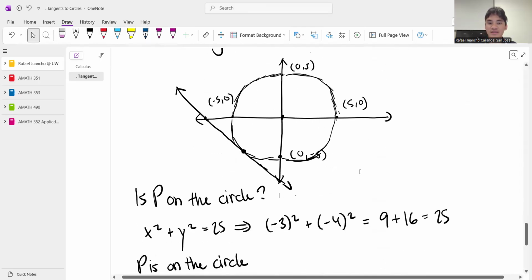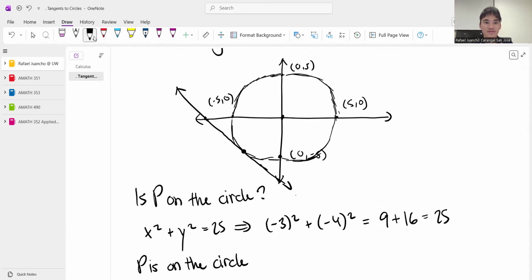Now we need to find a radial line which just goes from the center to, oh, what? The radial line that goes from here to here. And this is supposed to be perpendicular.